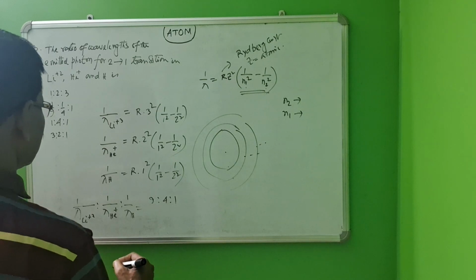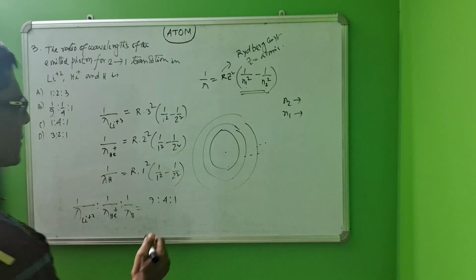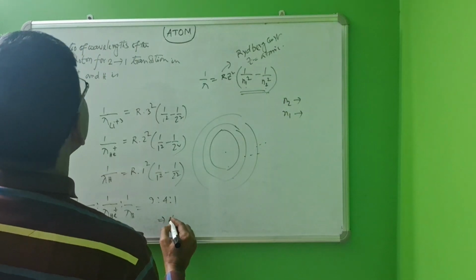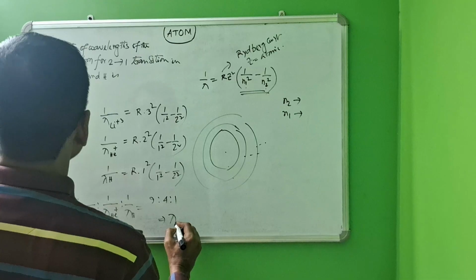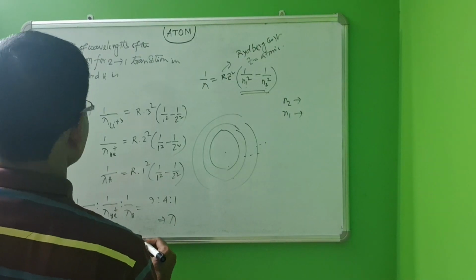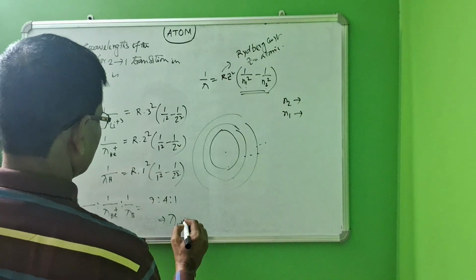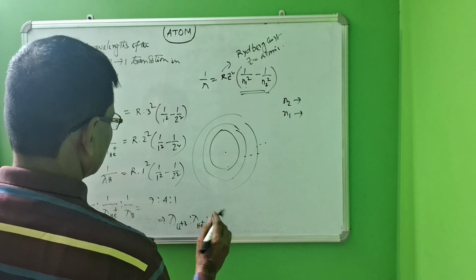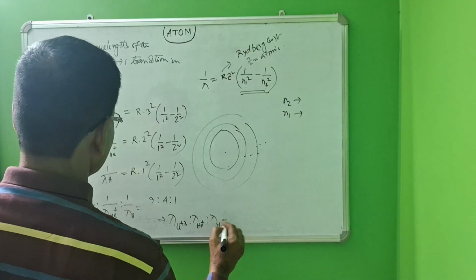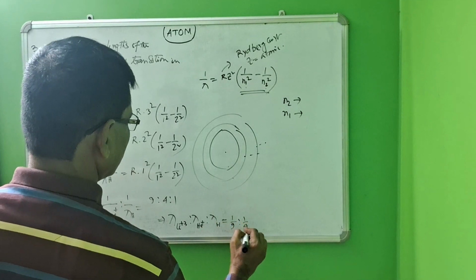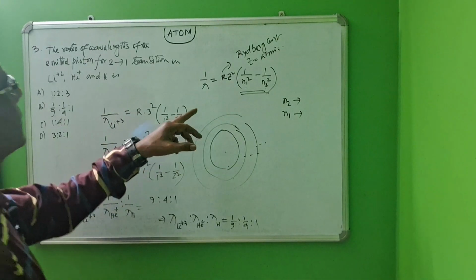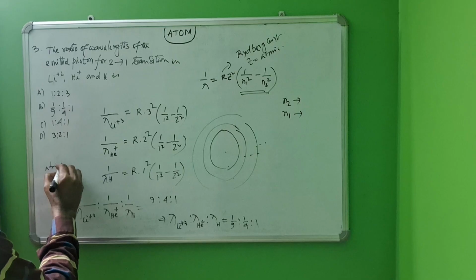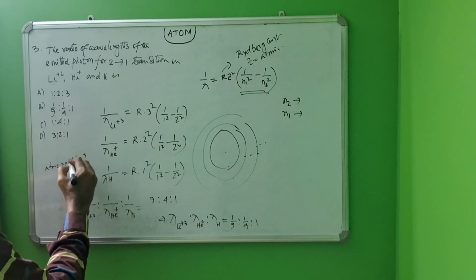So reversing it, we get 1 by 9 is to 1 by 4 is to 1. Here, why is this 3 for lithium? Because we know the atomic number of lithium is equal to 3.